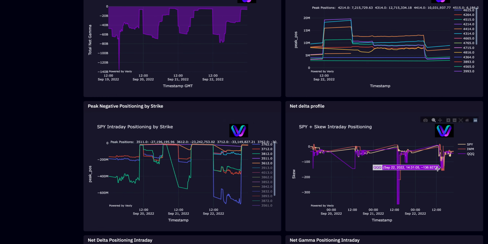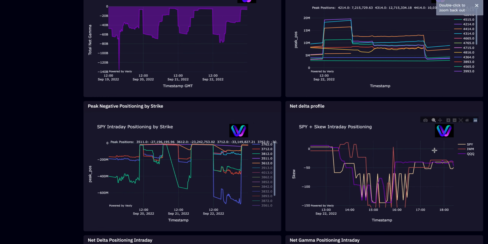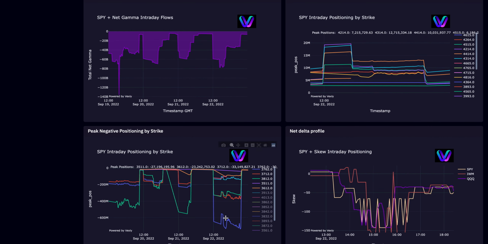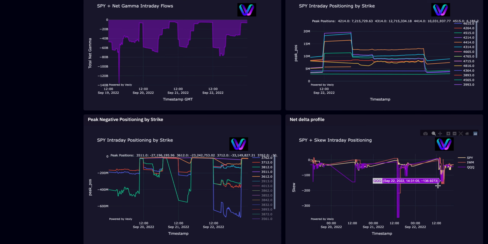Yeah, so then the next part is just looking at skew. So combining these four together is where it gets pretty powerful. We've got really simple levels.